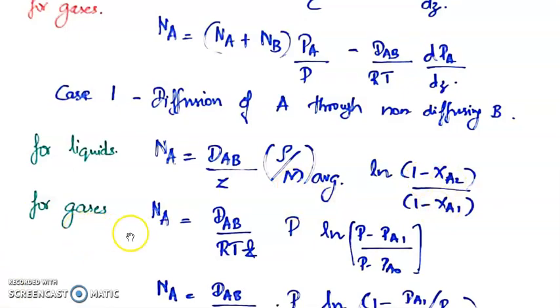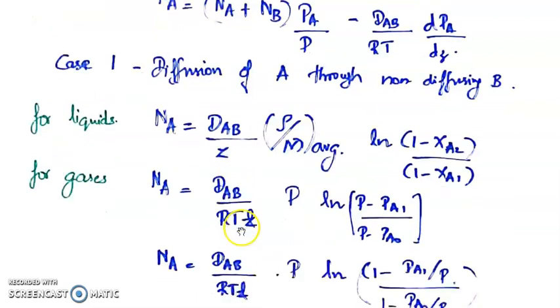Similarly, for gases, Na is equal to DAB by RTL P ln of P minus Pa1 by P minus Pa0. Here L and Z are similar, that is, these are the length through which the molecules are diffusing. That means the molecular diffusion is happening between two planes separated by a distance Z or L.